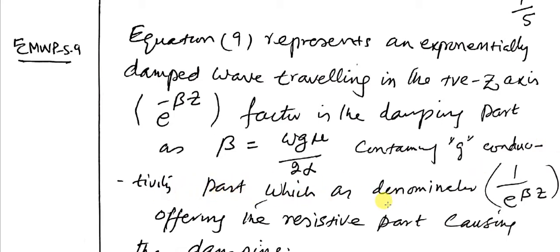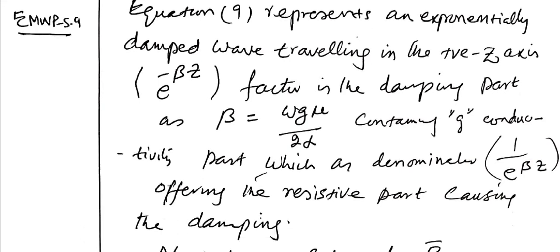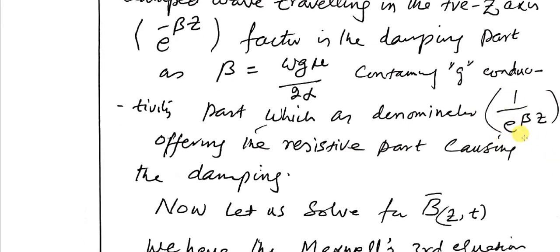In the denominator, 1 over e to the power beta z offers the resistive part, causing the damping. So that causes the damping of the traveling wave inside the medium.